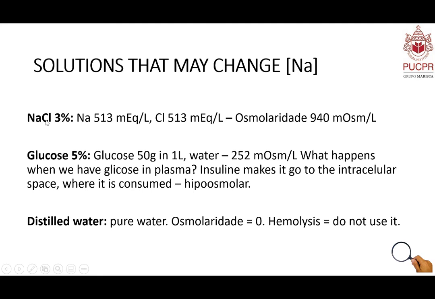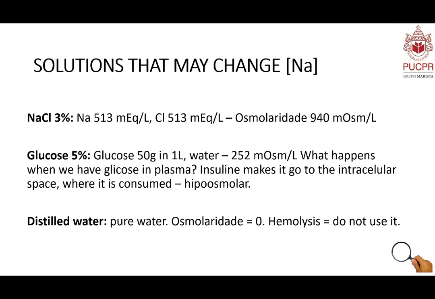You could use saline solution 3%, which has much more sodium than the physiological solution, and has an osmolarity of 940, so it's a lot. With this kind of solution, you really should take a lot of care if you're thinking about giving it intravenously.